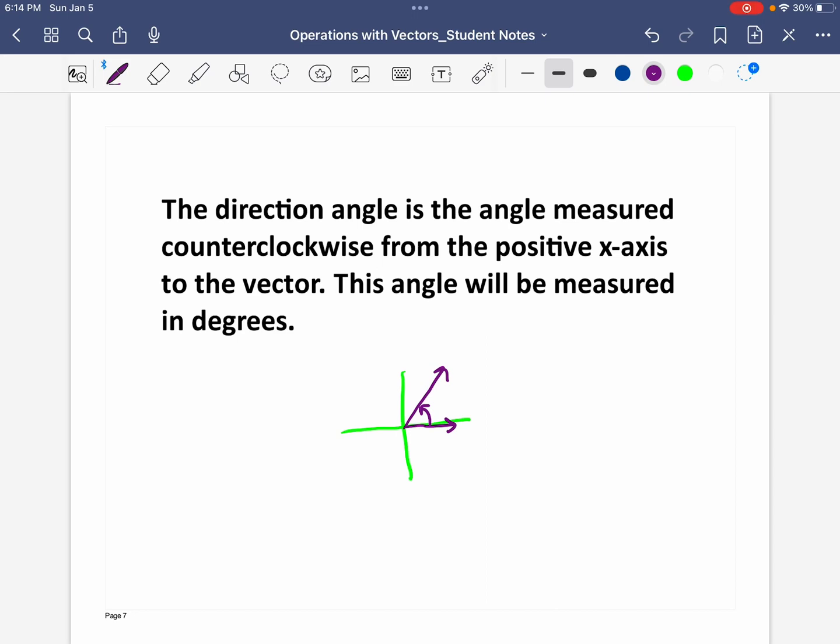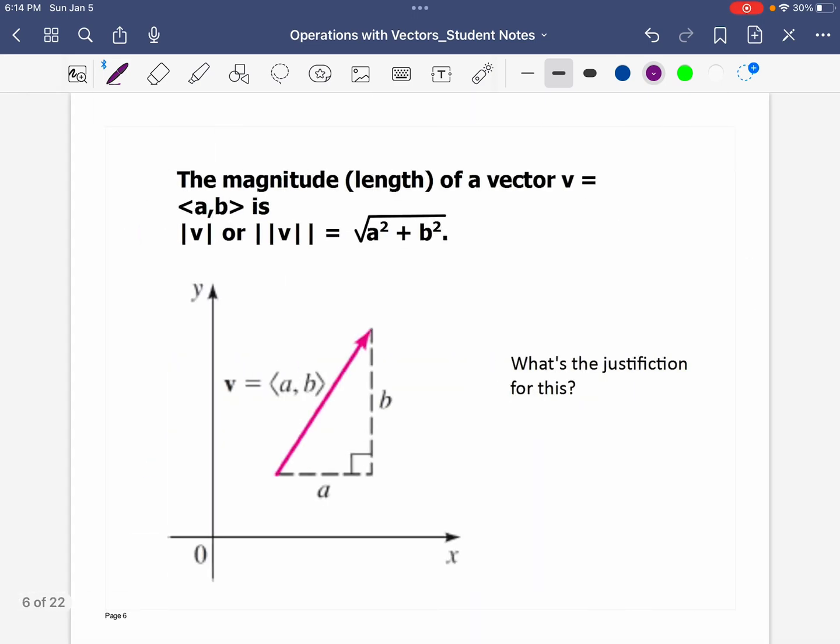If we go back to this picture for a minute and I'm thinking about finding the direction, that means I'm trying to find this angle between the x component side and what would be the hypotenuse or the vector. And so in order to find that, I'm going to use trig. I know the b and the a, those are my components.